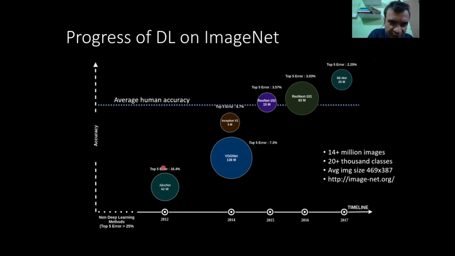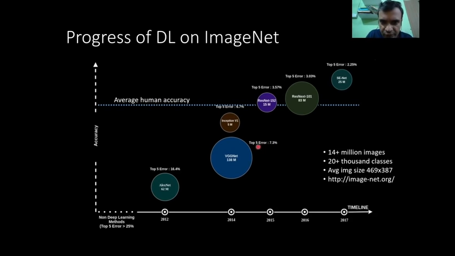So you can see that we started with a top 5 error of just 16% in 2012. This is the first time the neural networks were ported to a GPU, right? After that, it just took off. The error kept decreasing.